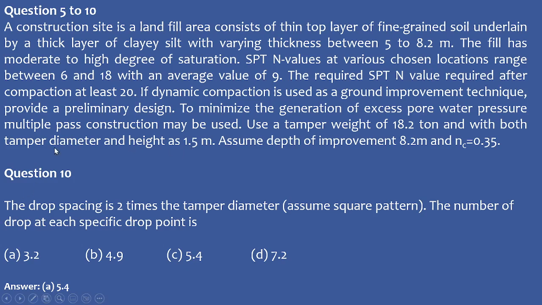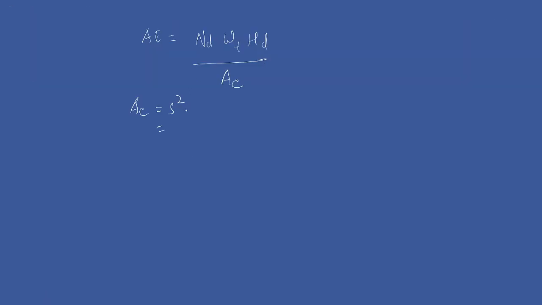You can see the tamper diameter and the height of the tamper both are given as 1.5 meter. So A is equal to 1.5. Okay, we'll directly put the value.